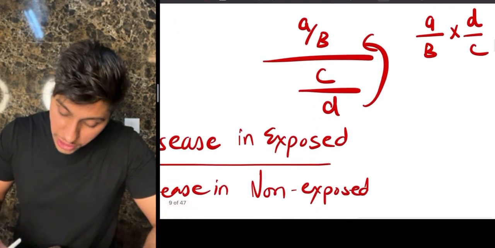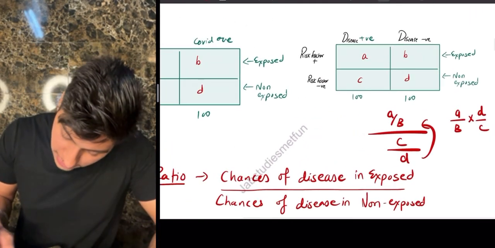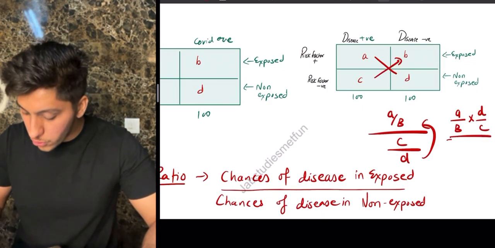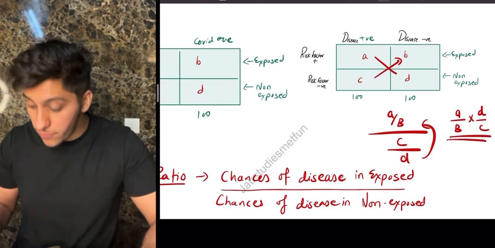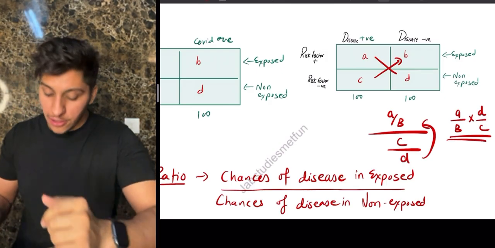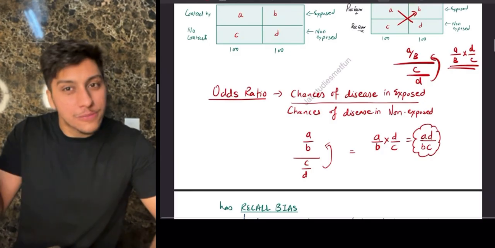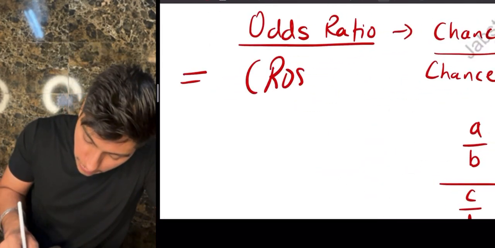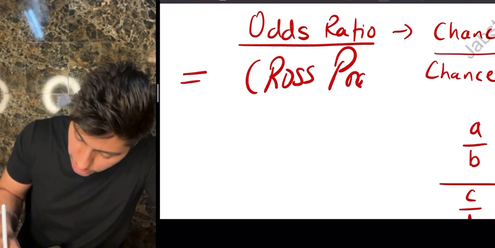So we are basically cross multiplying: A into D divided by B into C. That is why this is like a cross product, and why odds ratio is also known as cross product ratio.